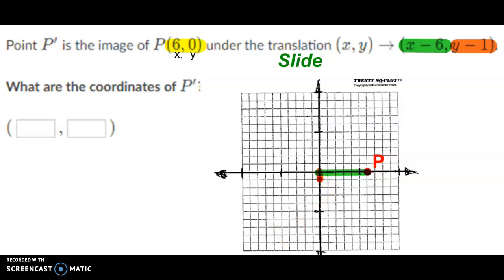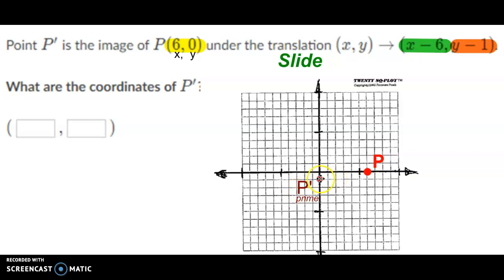So let's erase the highlighting that we did. That was just to help you see what was going on, and here we have it. Here's point P, and this one is what they call P, and this little apostrophe here is called the word prime. We call this second dot P prime. That's what that apostrophe stands for.